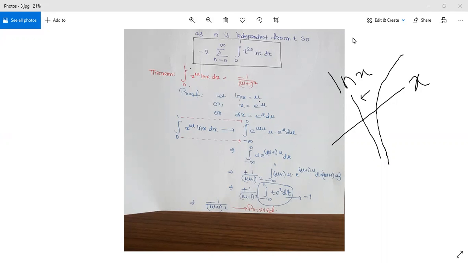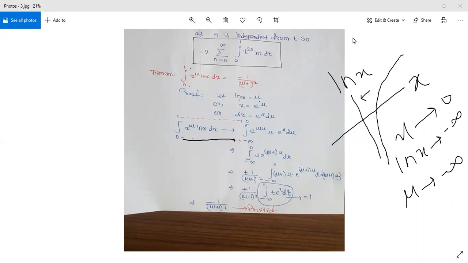So when x approaches 0, natural log of x approaches minus infinity. And since natural log of x equals u, u will approach minus infinity, which I have taken here. This 0 is converted to minus infinity, and since natural log of 1 is 0, the upper limit 1 changes to 0.